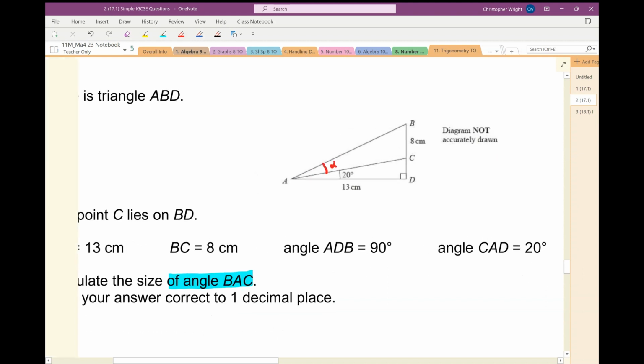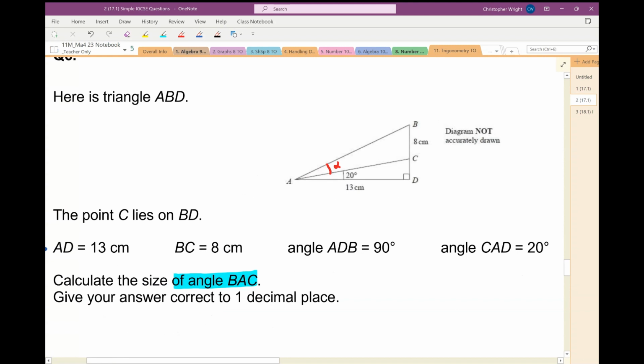Now, we're going to need to make a plan. We're not going to be able to do it in one step. So let's have a look at this diagram. Alpha isn't part of a right angled triangle. Alpha is part of the top triangle there, which doesn't have a right angle. So you need to think about what to do here. What could I find?